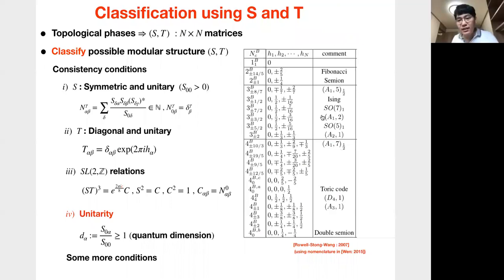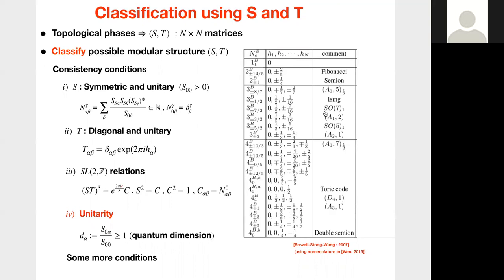Yeah, this is a modular tensor category. If you consider a three manifold, there is a classification of topological phases, and this topological phase is described by the SO(3) Chern-Simons theory at level 1, something like that.